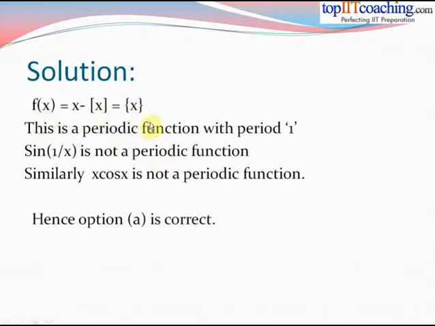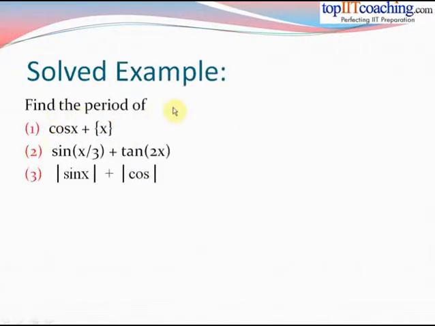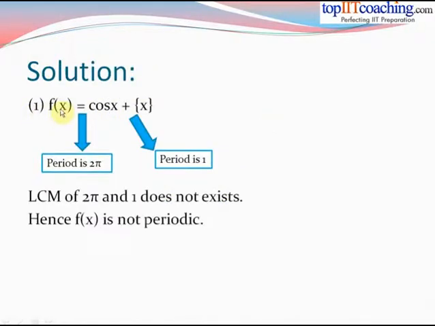Find the period of cos x plus fractional part of x, sin(x/3) plus tan(2x), and the third is modulus of sin x plus modulus of cos x. So in this problem, we have to find the periods of these functions. Let's take the first part, that is f(x) = cos x plus fractional part of x. Now cos x is a periodic function and the period is 2π.